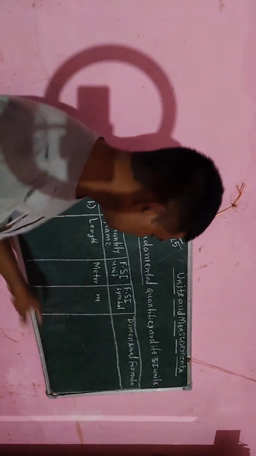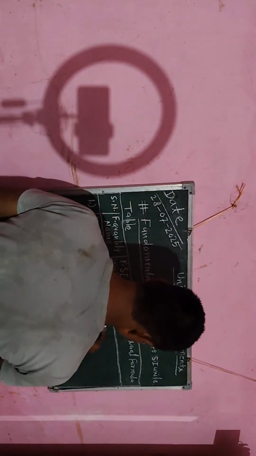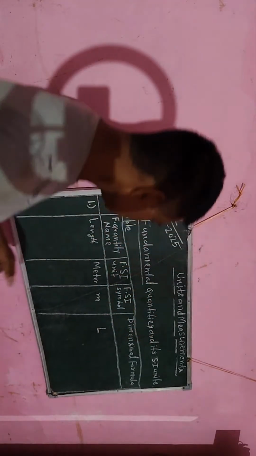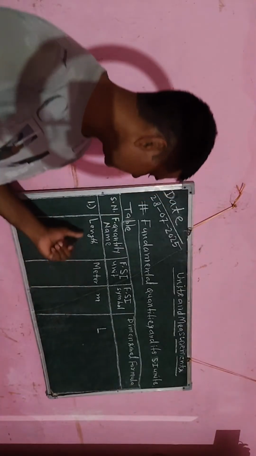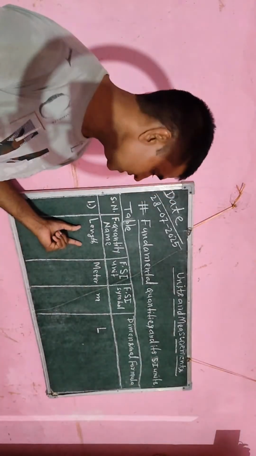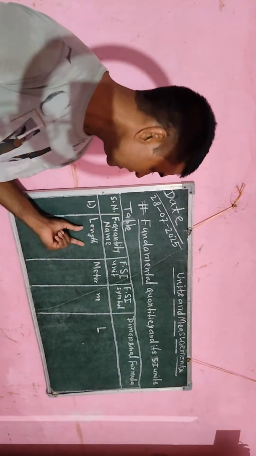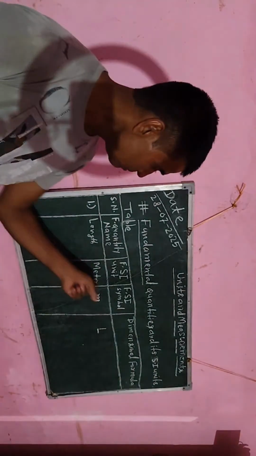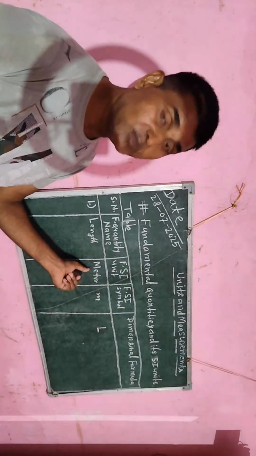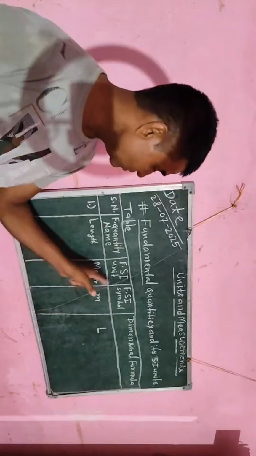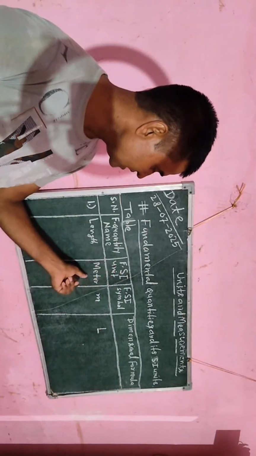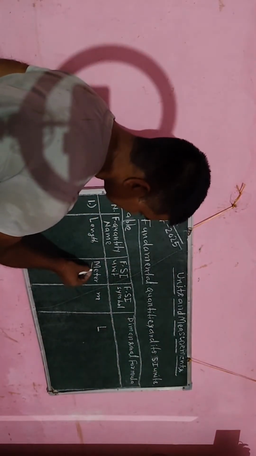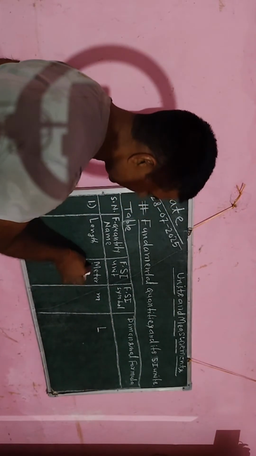Now its dimension is written as capital L. So its dimension will be written as capital L. Each and every student has to remember it, because any dimension measured in length, breadth, or height will be in meter in the SI system, but in the CGS system it will be centimeter. Its symbol will be small m, because meter starts with m.